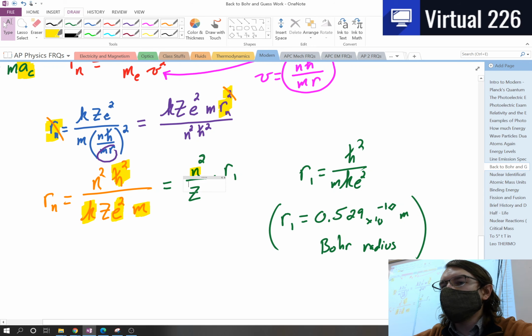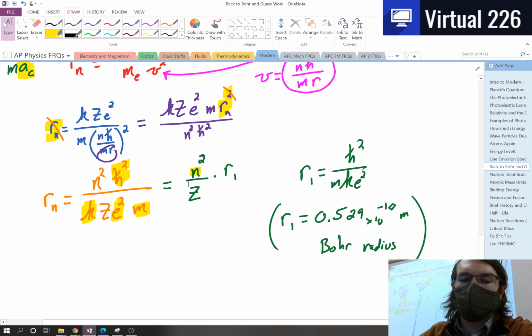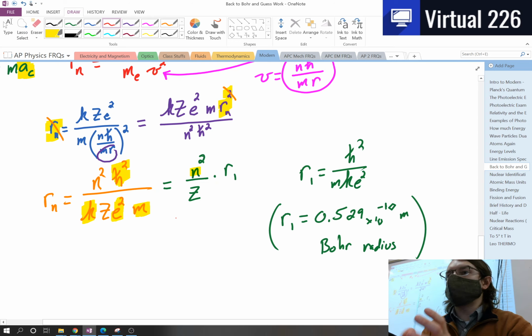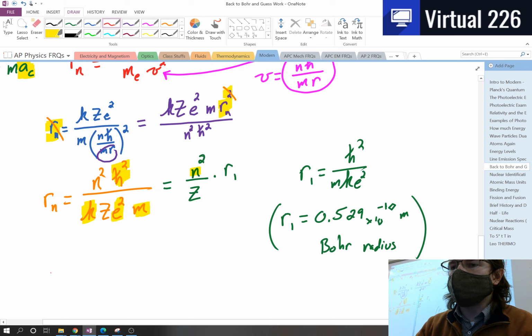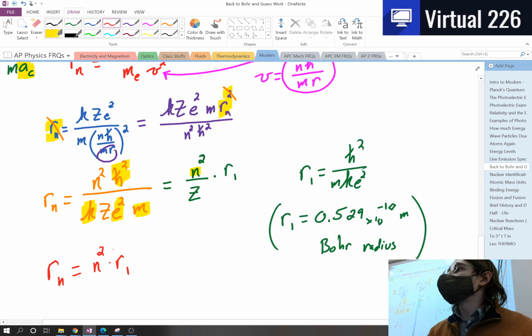Now recall, this Z quantity here was the number of positive charges in our nucleus. So if we set Z equal to just 1 here for hydrogen, which is literally made up of just a proton and an electron, then all we see here is that r_n equals n squared times R1 for hydrogen.